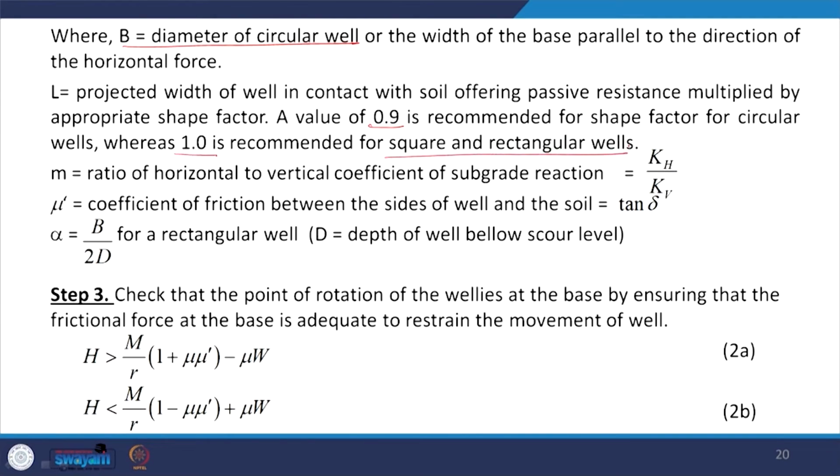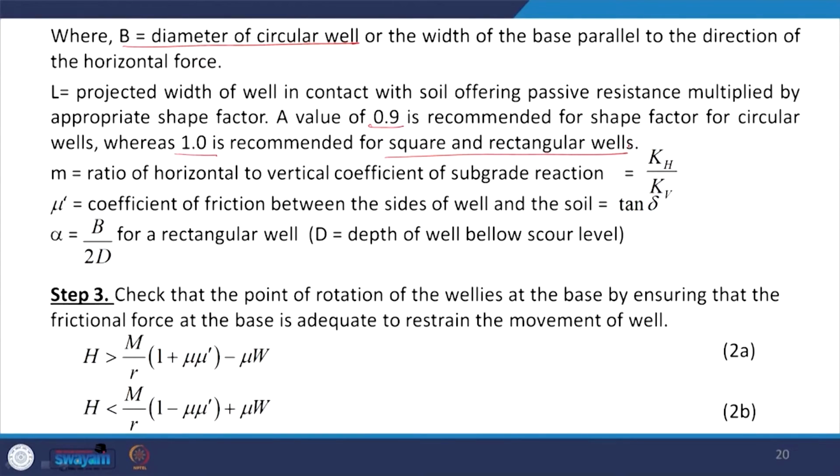So, for square or rectangular wells L will be the projected width as it is, while in the case of circular wells multiply the diameter by 0.9, then you will get the value of L. So, for the circular well L is 0.9 times B, and otherwise for square and rectangular it will be B itself.